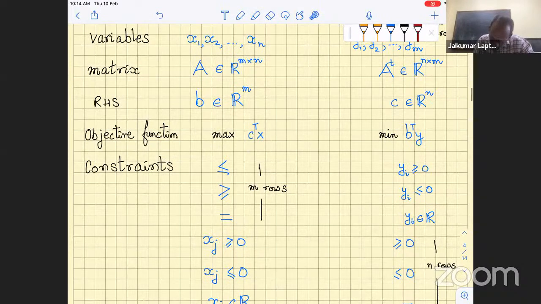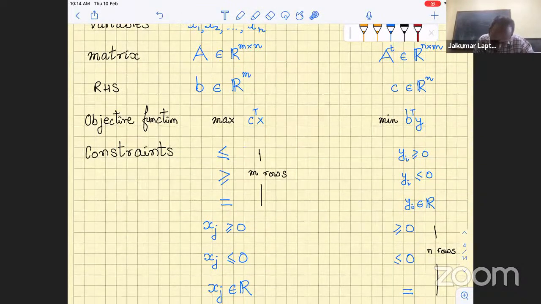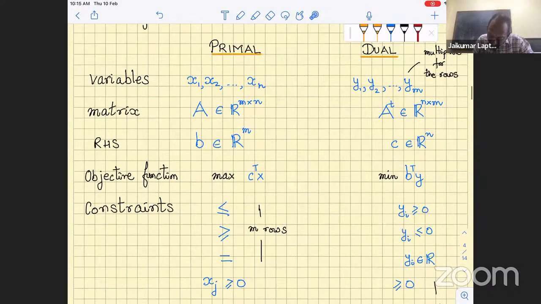And if the inequality is going the wrong way, whereas we are looking for an upper bound on the objective function, we need to reverse these inequalities. So we better choose yi's which are less than or equal to 0. If you have equalities, and this was the case that we discussed earlier, then we have no constraints. Yi's can be any real number.